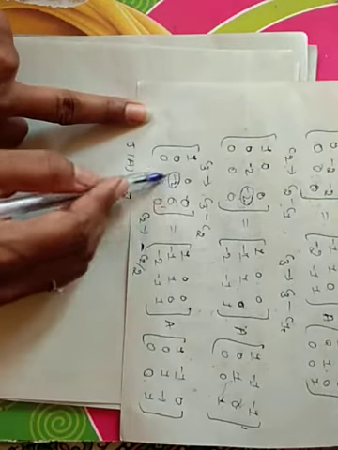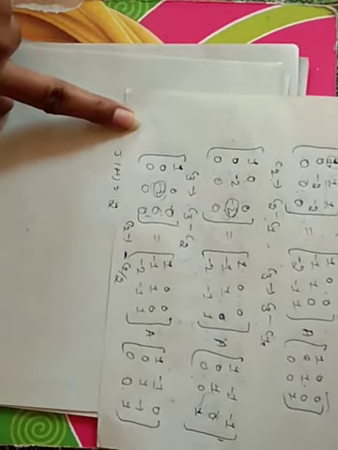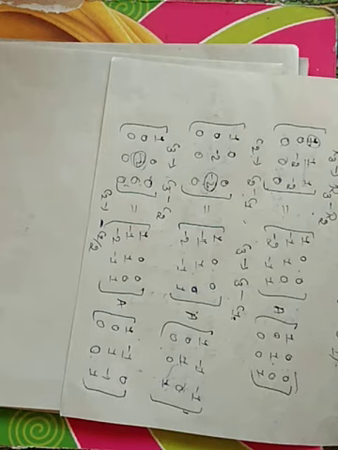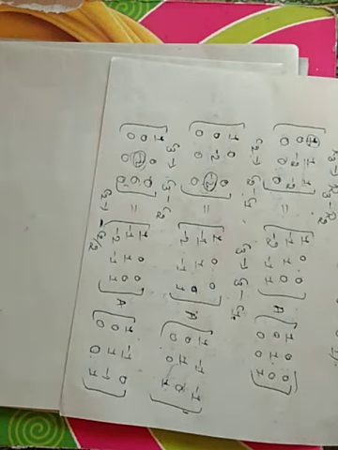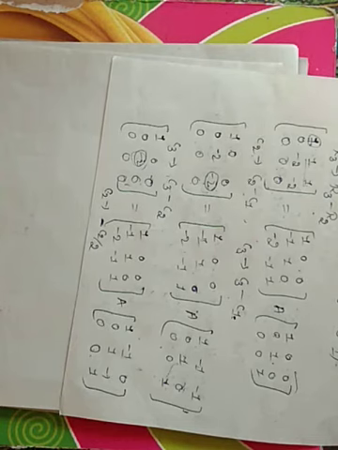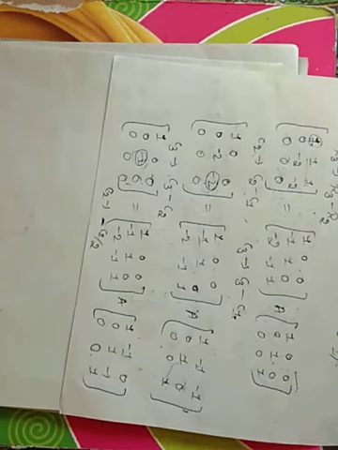Now we have to convert this matrix to an identity matrix. To convert that to an identity matrix, we use the transformation that divides the entire C2 by minus 2. So C2 tends to C2 divided by minus 2.